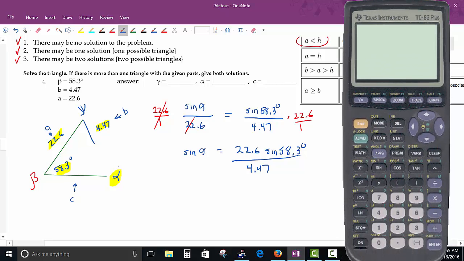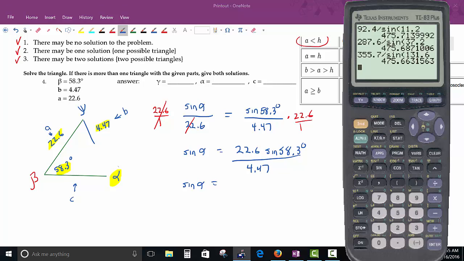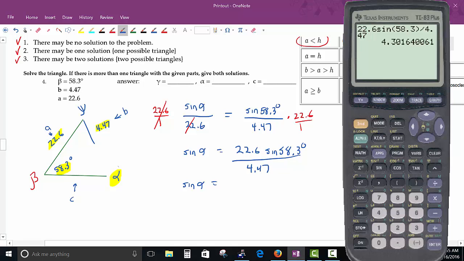I'm going to bring down this sine of alpha, then calculate this stuff right here. So I'm going to do 22.6 times the sine of 58.3, and divide that by 4.47, like that. I'm going to write down the result of that is 4.30, okay? And you can put as many decimals in here as you want to, it doesn't really matter.